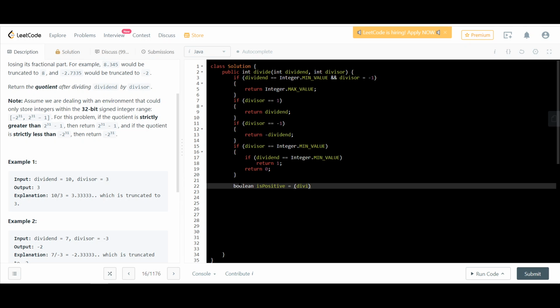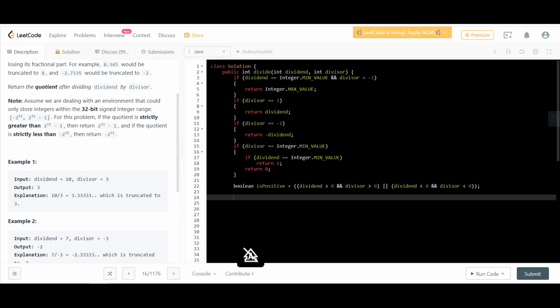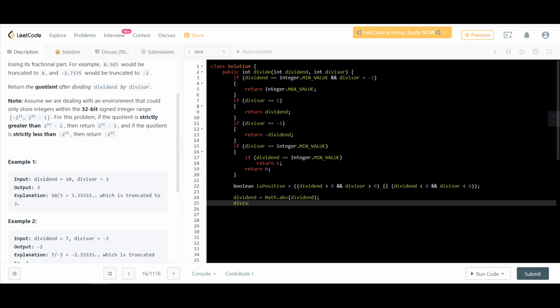The way that we can check is, if dividend is greater than 0 and divisor is greater than 0, or dividend is less than 0 and divisor is also less than 0. Now we know the sign. Once we know the sign, we can make both of them positive. So dividend is the absolute of dividend, and so for divisor.